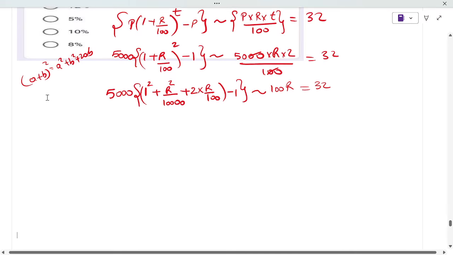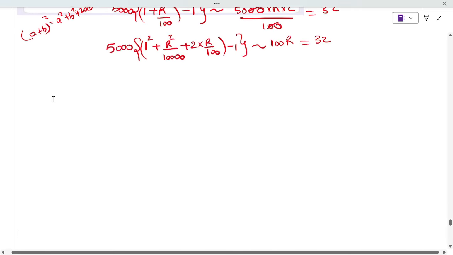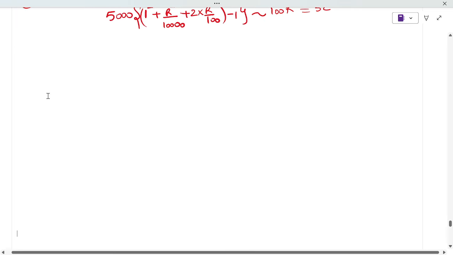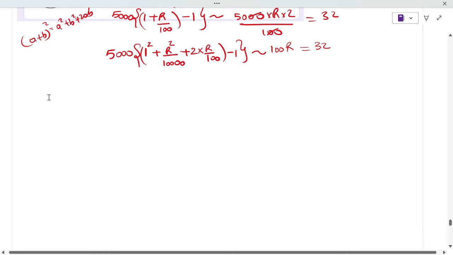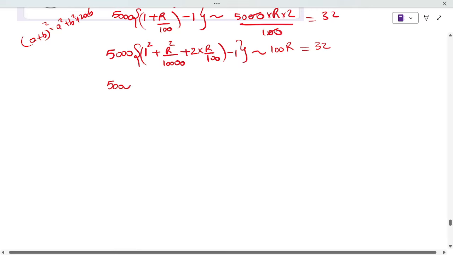Now I know this one will be very long, the simplification is lengthy, but we've got no choice, let's give it a try. Here 5000 is there.